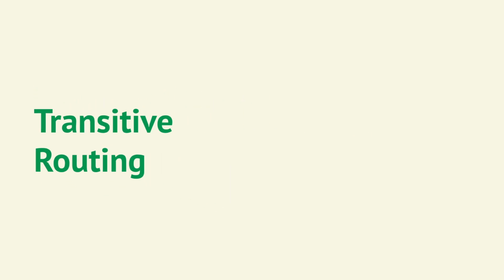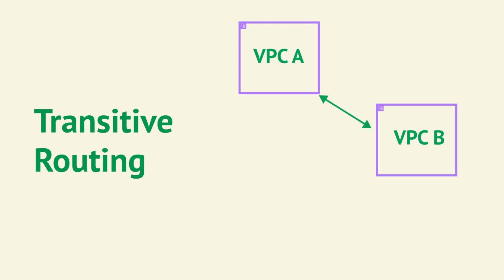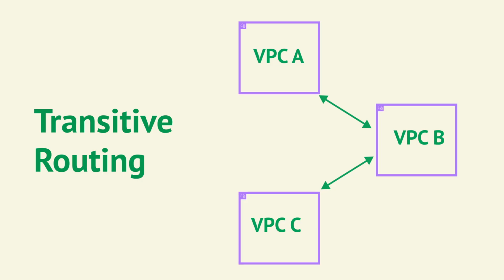Now that we saw how peering works, it's important to understand its limitations. VPC peering does not allow for transitive routing, meaning if VPC A peers with VPC B and VPC B peers with VPC C, traffic cannot automatically flow from VPC A to VPC C through VPC B, meaning you must create a direct peer from A to C for them to communicate.